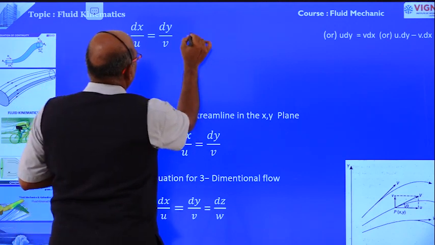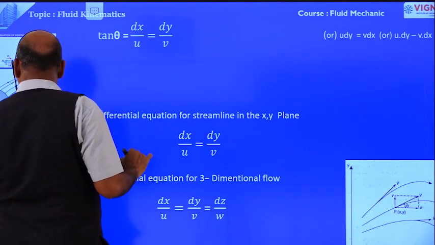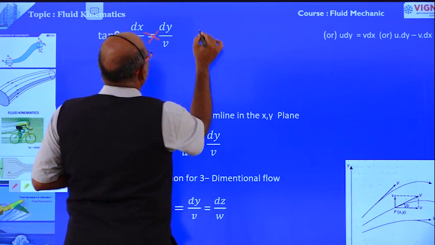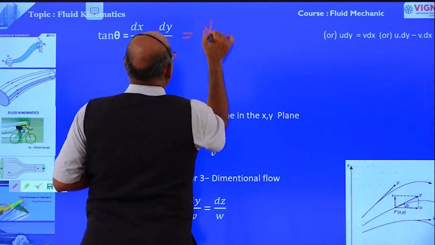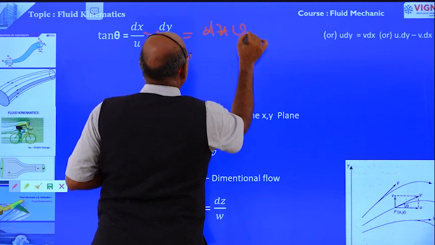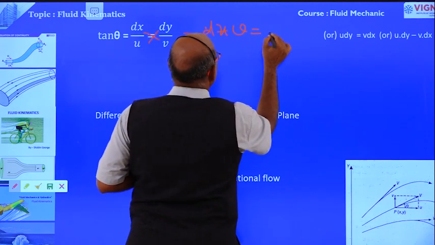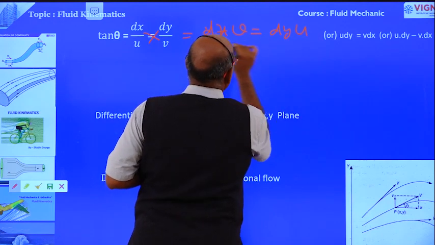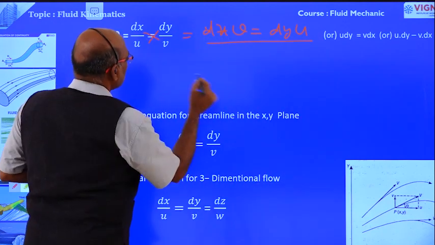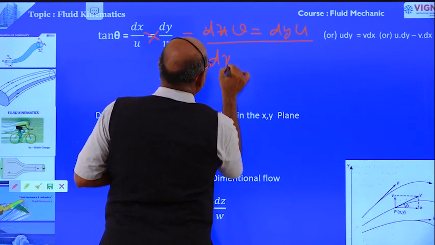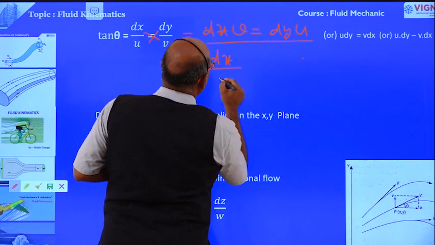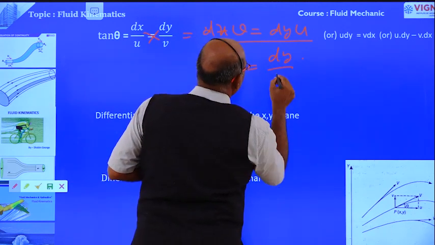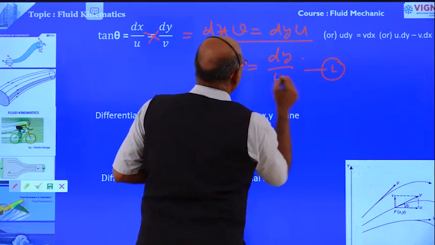From this equation, by cross multiplication, dx into v is equal to dy into u. This is one more relation. And also dx by u equals dy by v. This is one more relation.